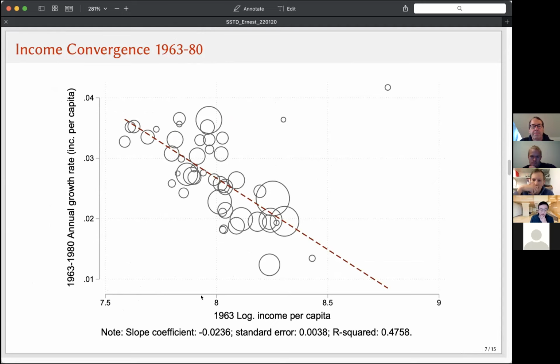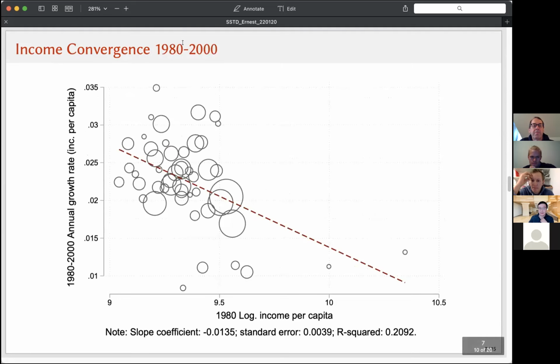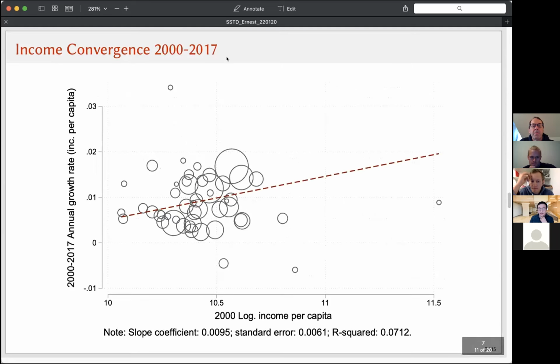This says that states that start off with lower income per capita grow quicker. So that's income convergence in the initial period. We plot it over time, and we see a decline or absence of convergence in the last part of the data. That's what we mean by declining income convergence.